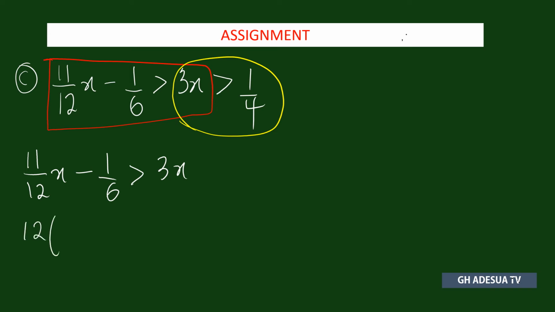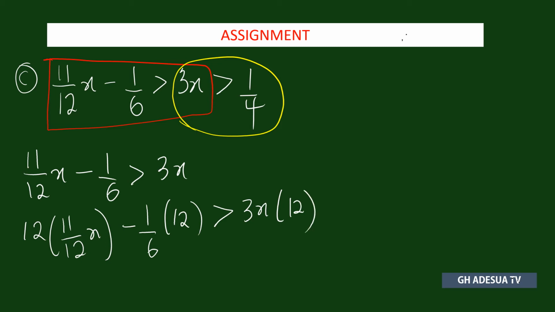So 11 over 12x minus 1 over 6, times 12 is greater than 3x times 12. So this cancels out, give you 11x. This is 2, so minus 2. Greater than 3x times 12 is 36x.